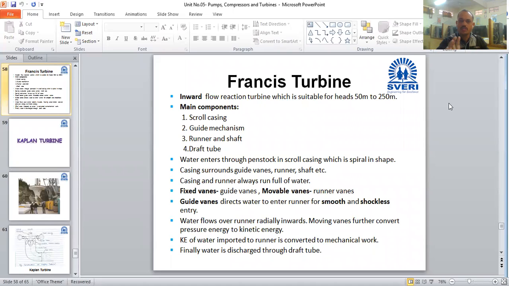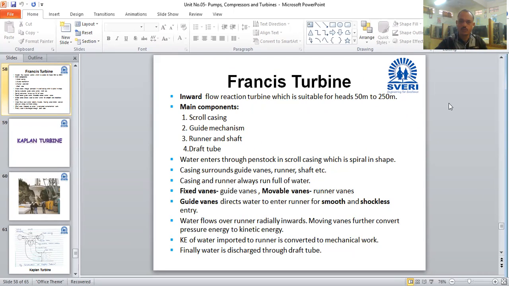When water enters radially, its pressure energy acts on the turbine. High pressure develops on one side and low pressure on the other side. From the high pressure side, force is generated, and this force pushes the vane in this direction, in the direction of the force.